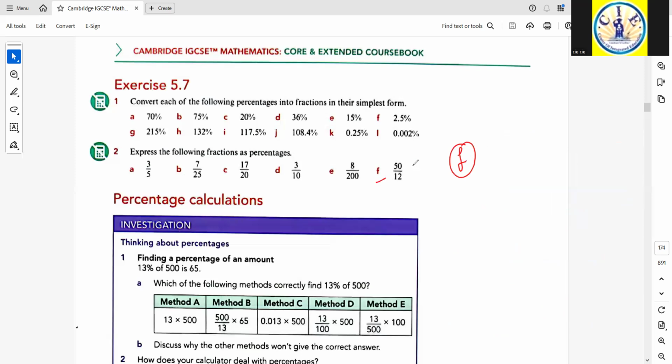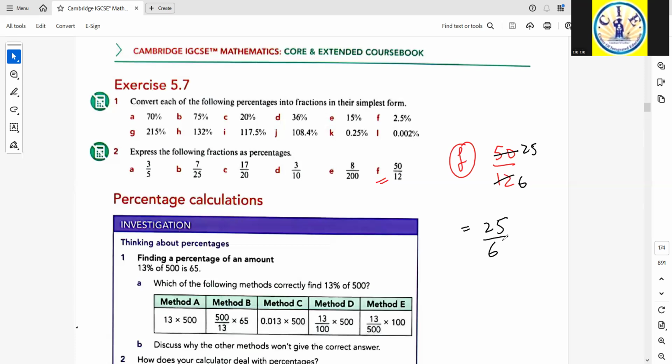For part F, 50 is there in the numerator and 12 in the denominator. We can simplify them to 25 by 6, as 2 twenty-fives are 50.